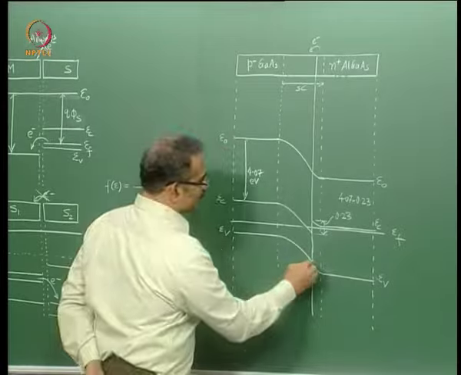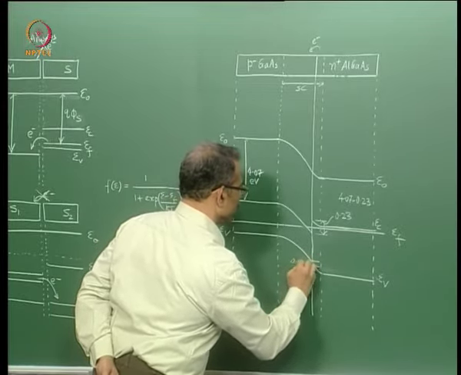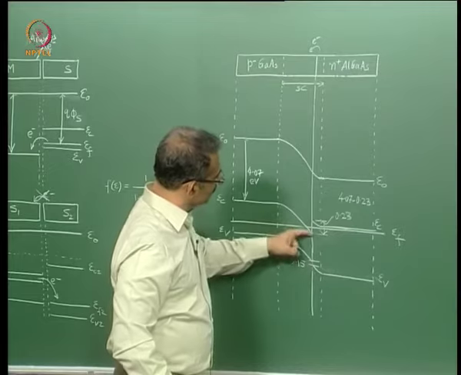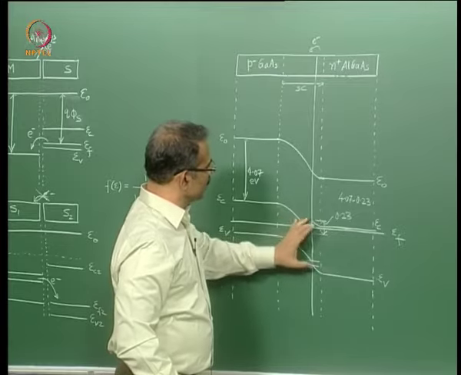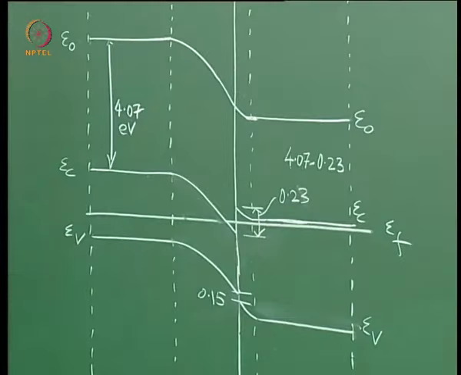So I should have a discontinuity of 0.15 electron volts here, the valence band discontinuity. So this line is parallel to this line is parallel to this line, because energy gaps are constant in the respective materials. So this is how one can complete the energy band diagram.